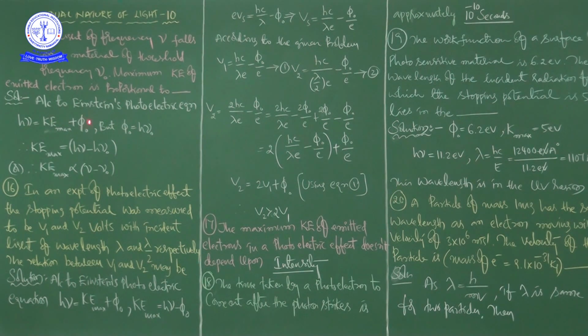In this problem, we have to understand nu is the frequency of incident light and nu naught is the threshold frequency. Threshold frequency means the minimum frequency of incident light required for the emission of electrons from a metallic surface.